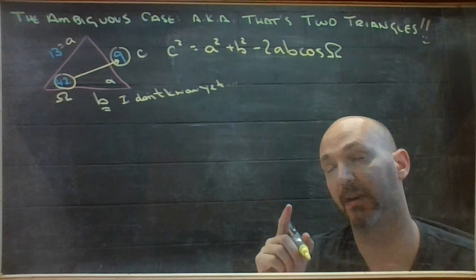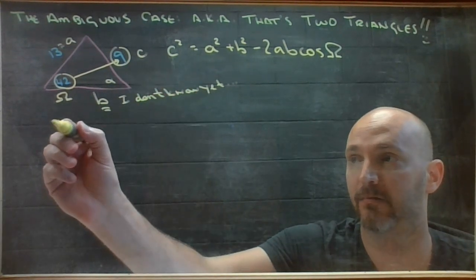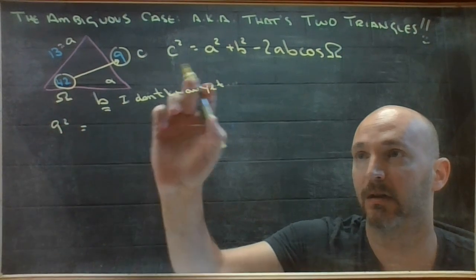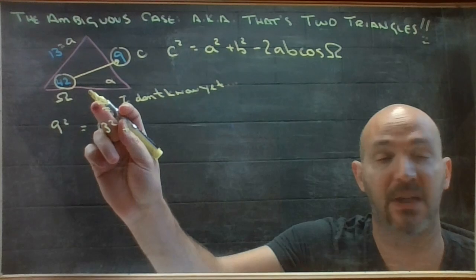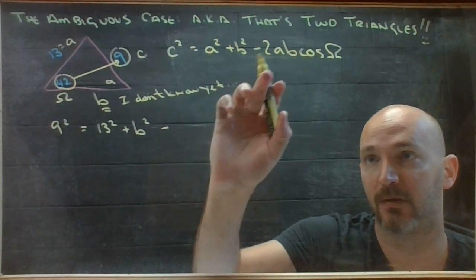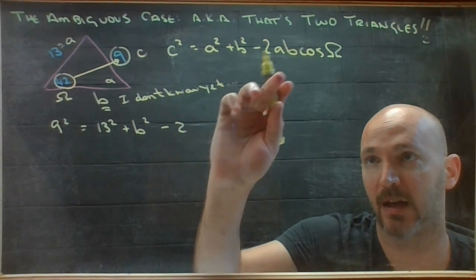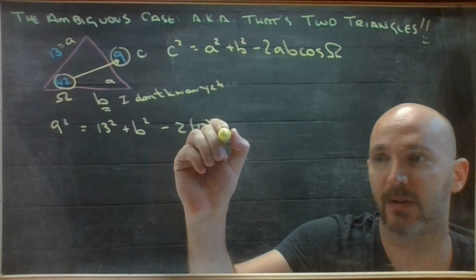Okay, so I'm going to start filling in numbers. C I set as 9. A I set as 13. B I don't know yet. Minus 2. A I said was 13. B I don't know yet.